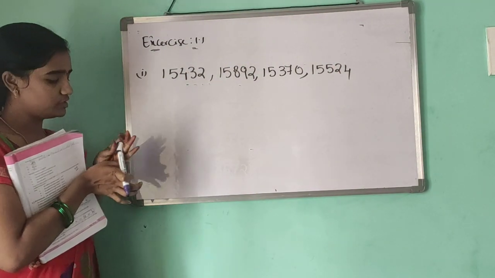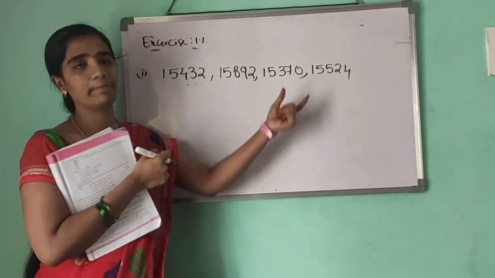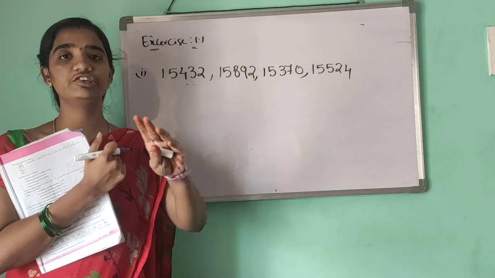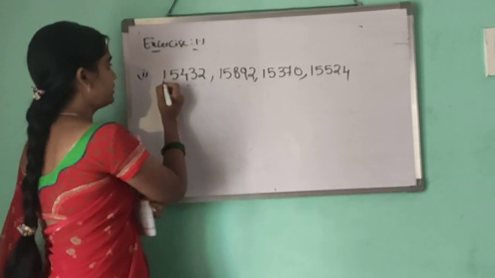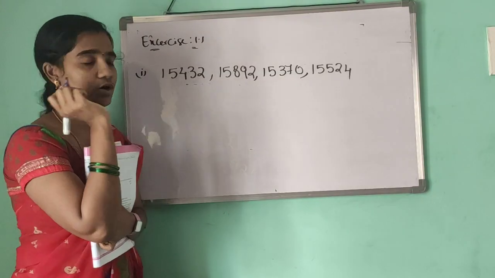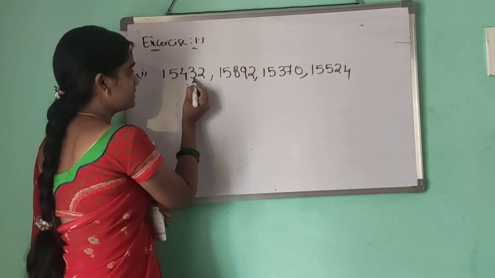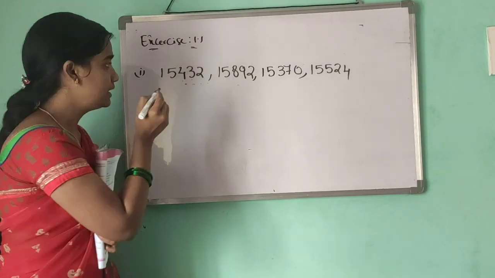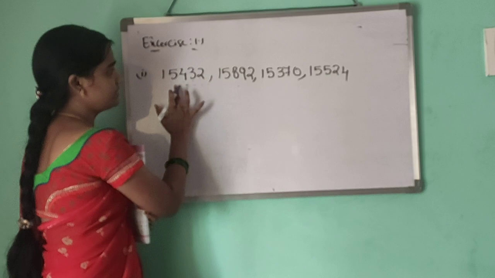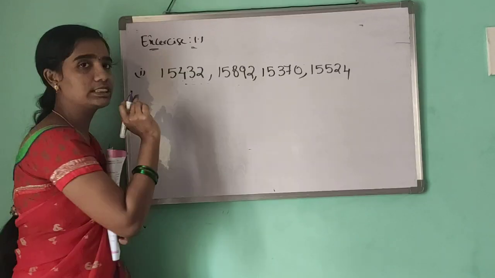In this first bit, they are giving 4 numbers. We have to find which is the greatest number and which is the smallest number. How can we find? Start with the 10,000 position. You already know ones, tens, hundreds, thousands, 10,000, right? Here all have the same 5 digits, so start with the 10,000 position.